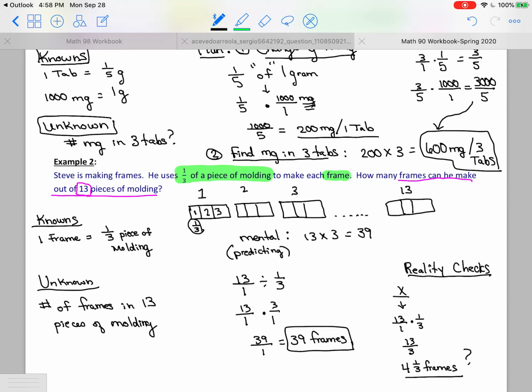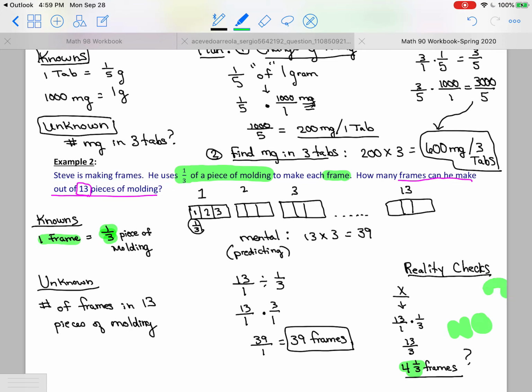So here's where I want you to stop. If you were to get an answer like this, I'd want you to do a reality check there and say, does that really make sense that we would have 1 frame, let's go back over here, 1 frame from just 1/3 of 1 piece of molding, and in the end we got a total of 4 1/3 frames from all 13 pieces?